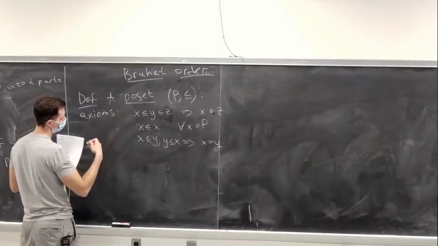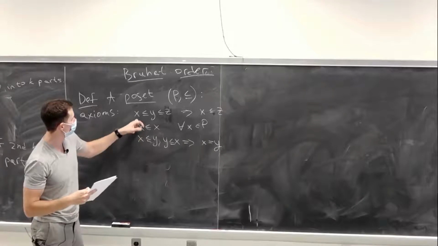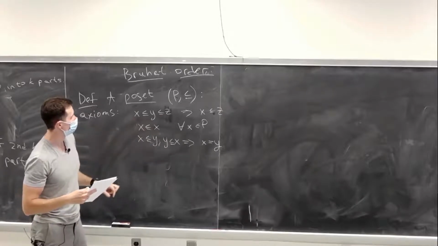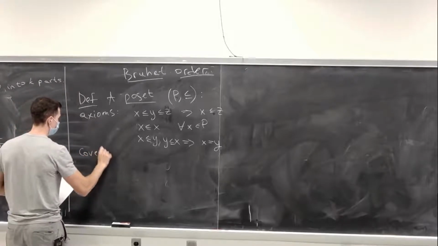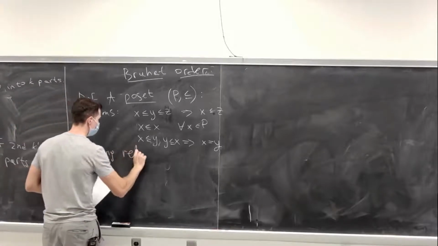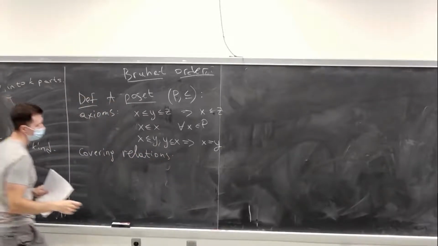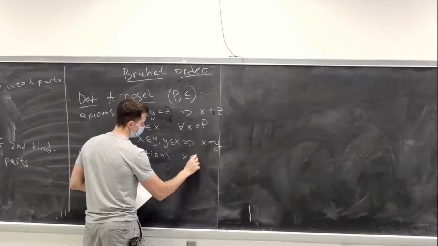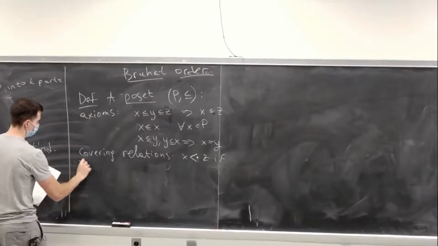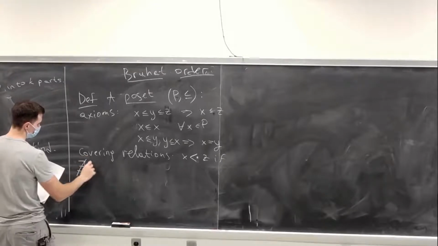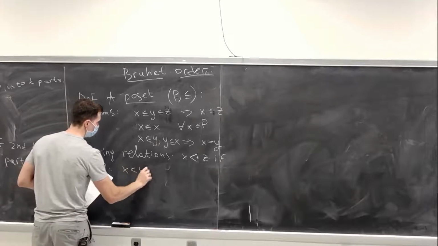In particular, we're going to be interested in how you can very compactly describe the poset. You can only remember the smallest non-trivial relations, and these are called covering relations. By definition, you write x is covered by z if there does not exist a y in P such that x is less than y less than z.